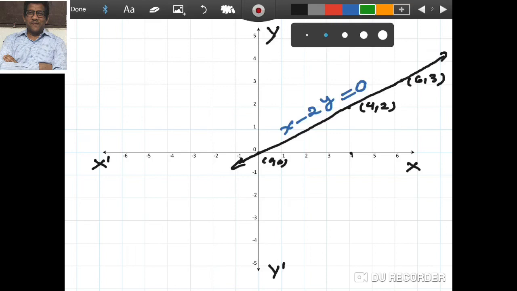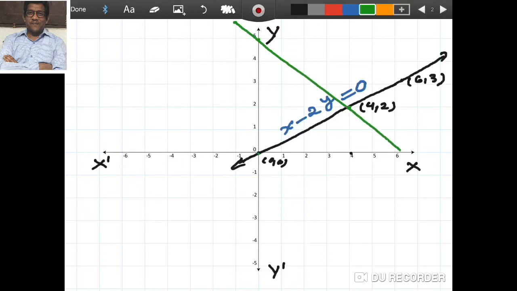Here we take a different color for equation number 2. For x is equal to 0, we get y is equal to 5. And for x is equal to 4, we get y is equal to 2. Now join these 2 points. This line represents the equation 3x plus 4y is equal to 20.